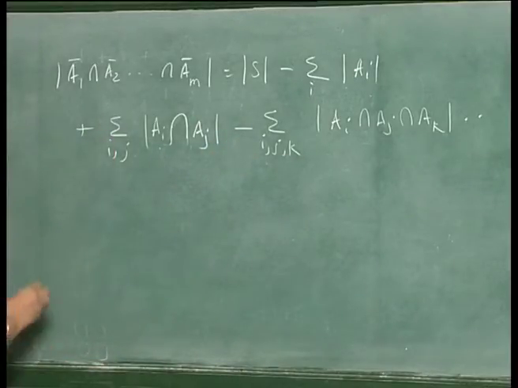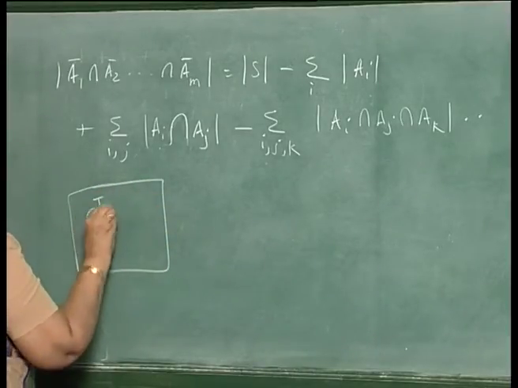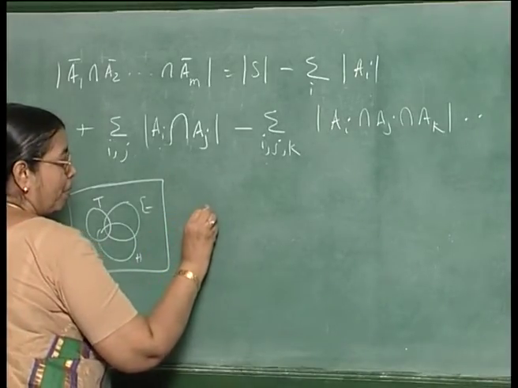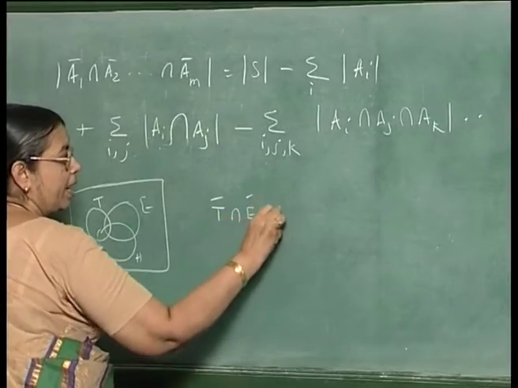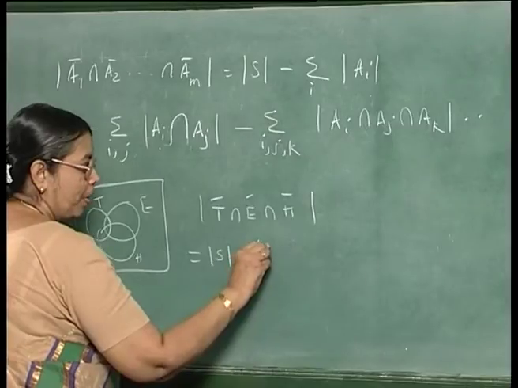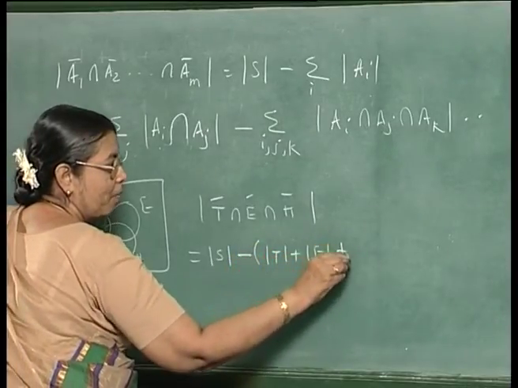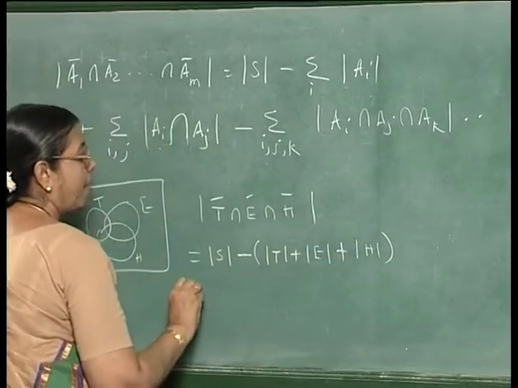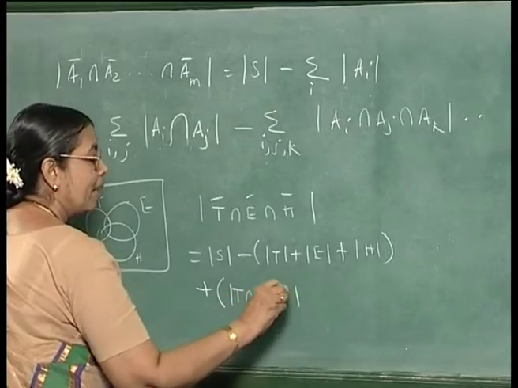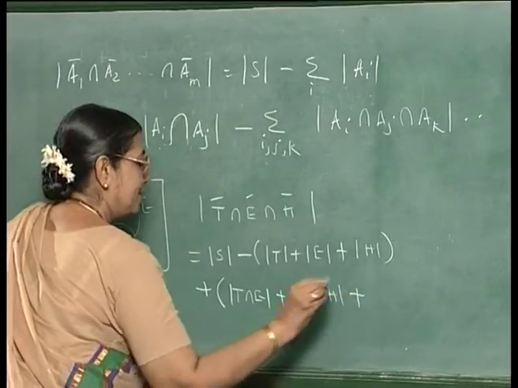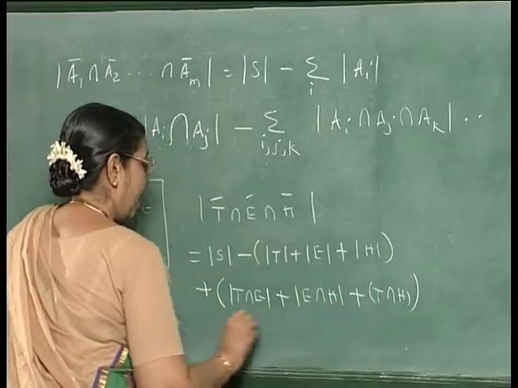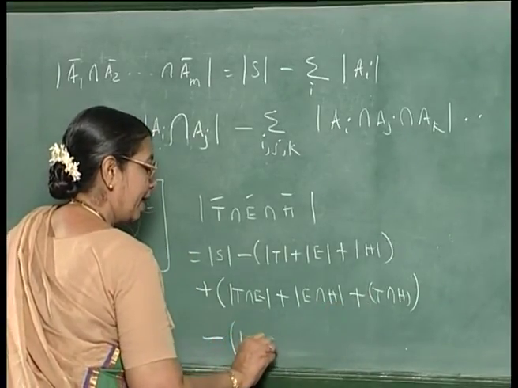Suppose instead of that example, we have Tamil, English, Hindi speaking people in a room, and the total number of people who do not know Tamil or English or Hindi, that is equal to the number of people in the room minus the number of people who know Tamil, the number of people who know English, the number of people who know Hindi, plus the number of people who know Tamil and English, plus the number of people who know English and Hindi, plus the number of people who know Tamil and Hindi, minus the number of people who know Tamil, English and Hindi.